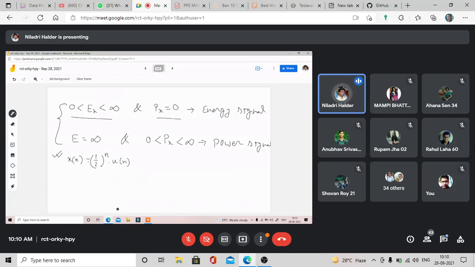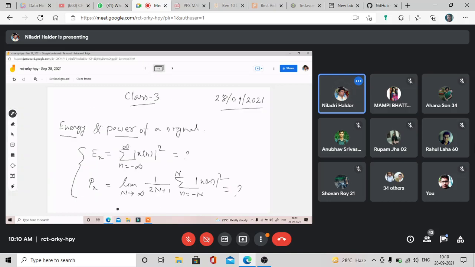So simply you will calculate the energy and power of that xn and you will get some result. And if you do that, Ex, the formula is summation of n equal to minus infinity to infinity mod of xn square.